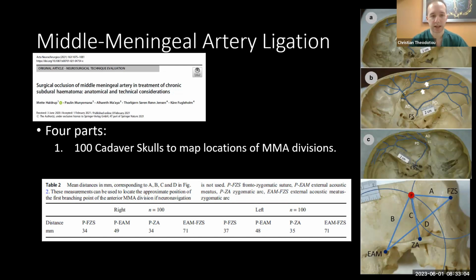They did a series of cadaver skull dissections and analysis, and they basically came up with a way to target the MMA based on anatomic landmarks, which they've published here as the mean distances between these lines between the EAM, the frontal zygomatic suture, stuff like that.